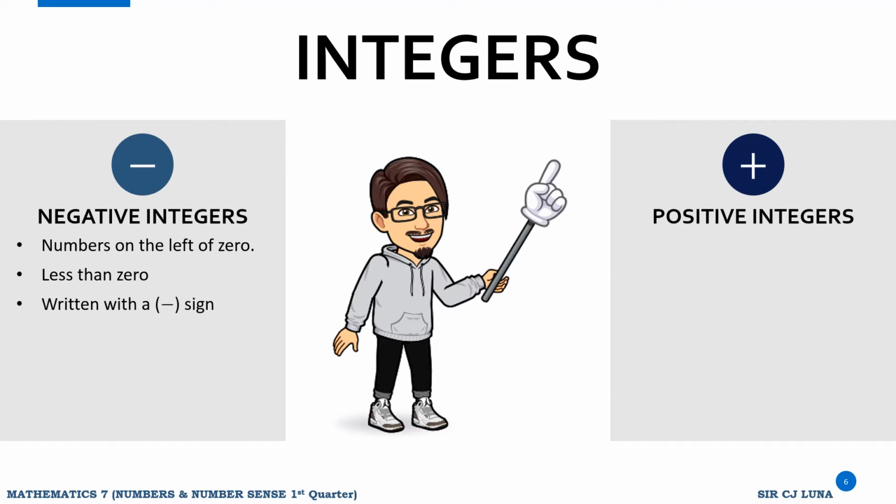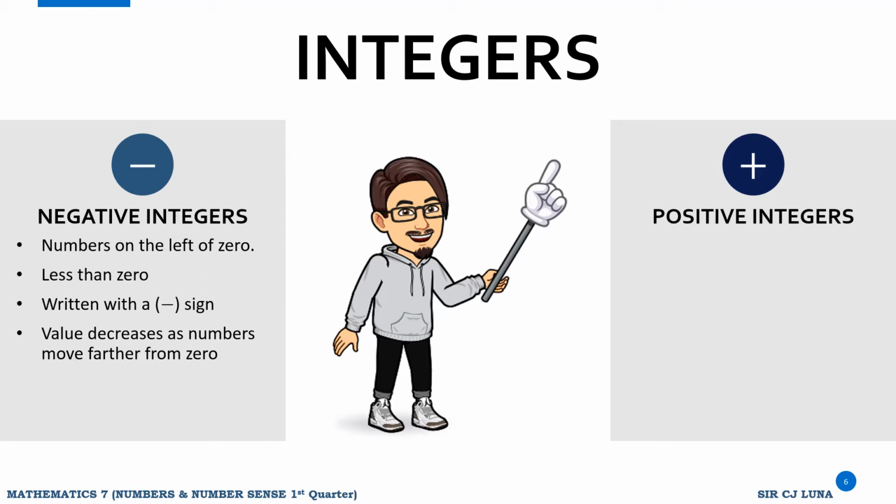Negative integers can be written with a negative sign. With regards to the value, negative integers decrease as the number moves further from 0. Ibig sabihin, habang lumalayo yung ating number sa 0 papunta sa left, mas mababa yung kanyang value.